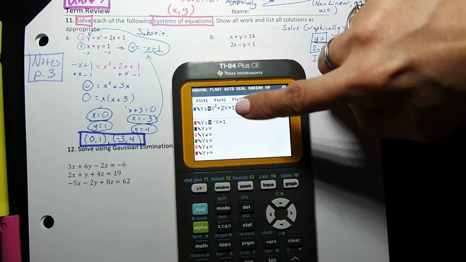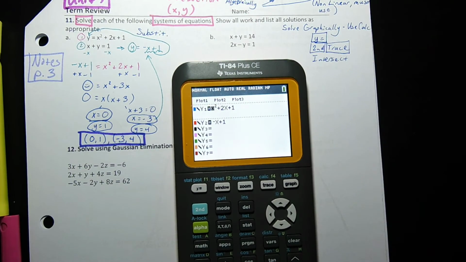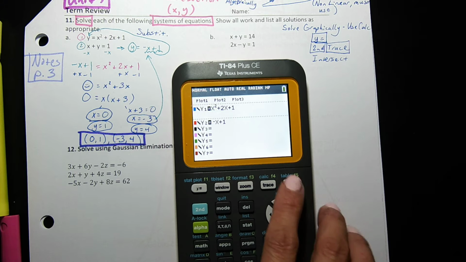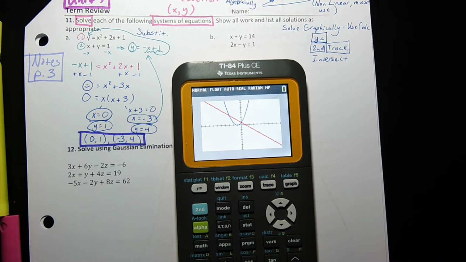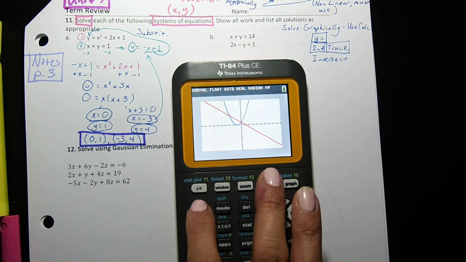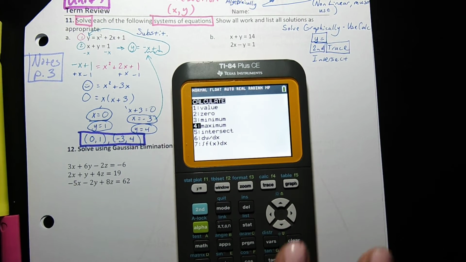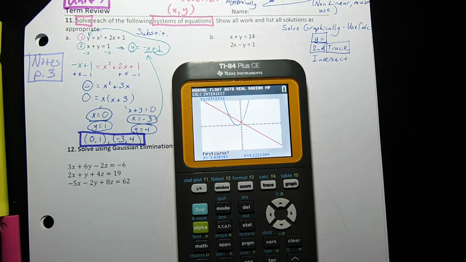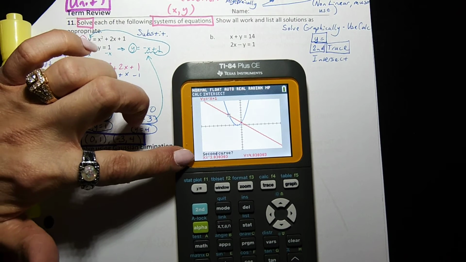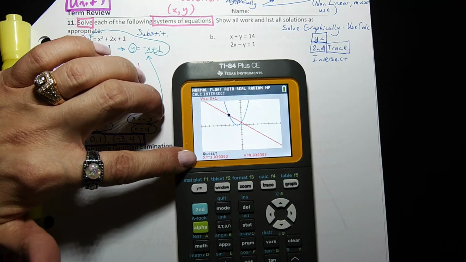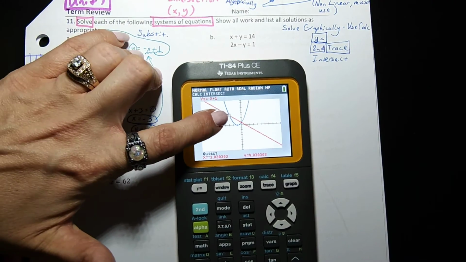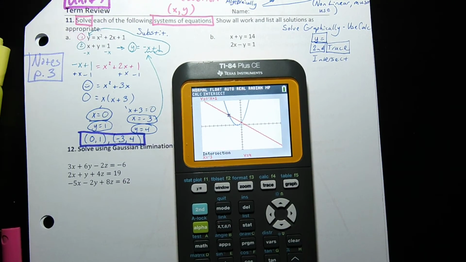I typed in both of my equations, so notice they both have to be solved for y. So if you have a y squared, square root, you're going to have to put the positive version of the equation in one slot, negative version of the equation in the other slot. When I hit graph, there they are. And we can see that we have two intersection points. So second trace, intersect, enter once for the first curve, enter twice for the second curve. For the guess, I'm already sitting at that point. I'm just going to press enter.